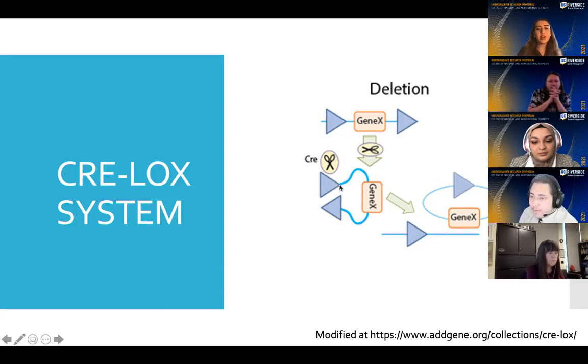And by cutting at these LoxP sites, it allows for the deletion of specific genes. And in this case, we specifically wanted to delete the Cas gene. And so we developed different Cre driver lines to see the Cas family function and what would happen when we deleted the Cas gene.